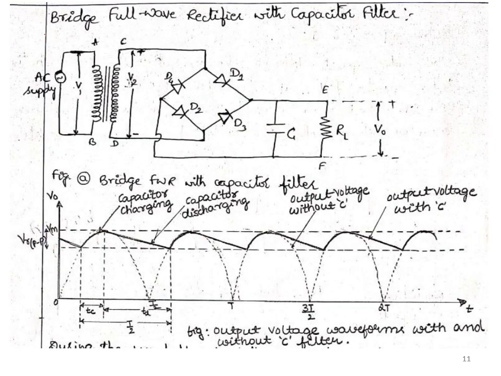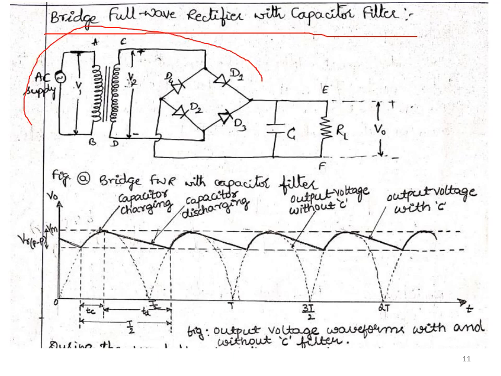Similarly, consider the bridge full wave rectifier with capacitor filter. Here we need to consider the bridge rectifier circuit, and we need to connect the capacitor across the load. The bridge full wave rectifier is the same as the center tap full wave rectifier.